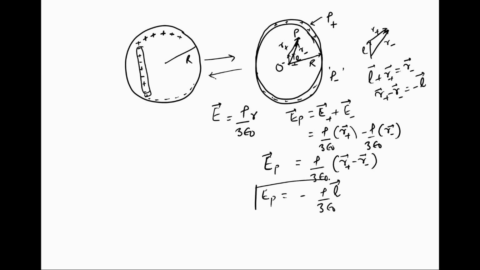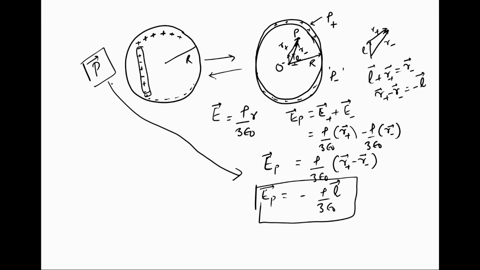Now we want a relation with the uniform polarization. Let us say this dielectric has a uniform polarization P. We want to find the relation between this P and the electric field we have just derived. Let us say we have a uniform charge distribution of rho coulomb per meter cube.